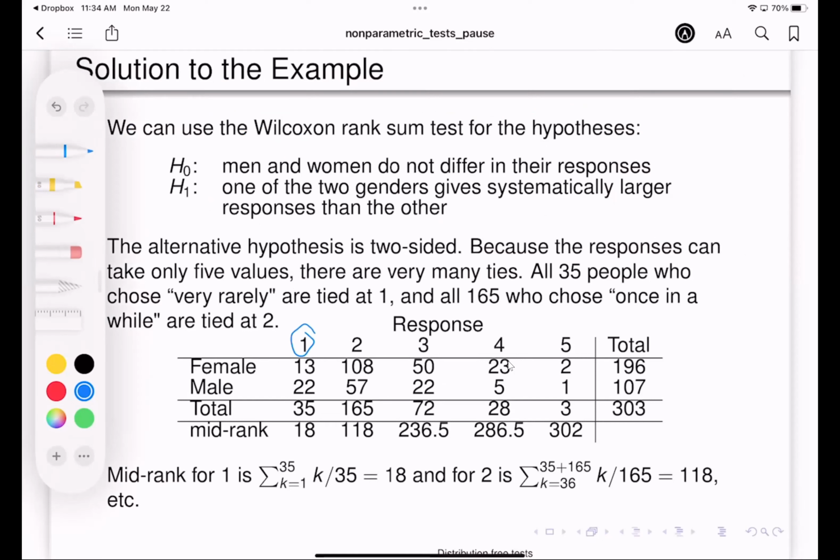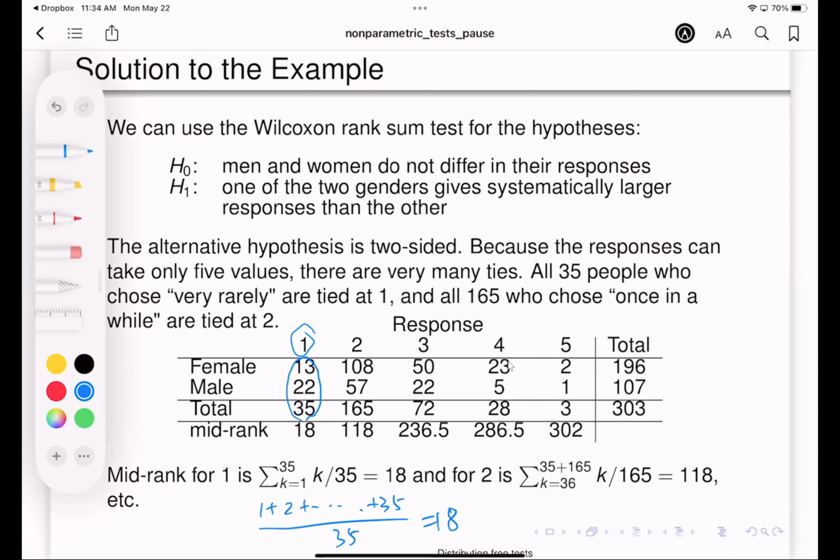There are a total of 13 plus 22 equals 35 responses that are 1. So if we consider the mid-rank, they are really 1, 2, up to 35, and all of them are added together and divided by 35. That gives us 18 as the mid-rank of all the responses that give value of 1.